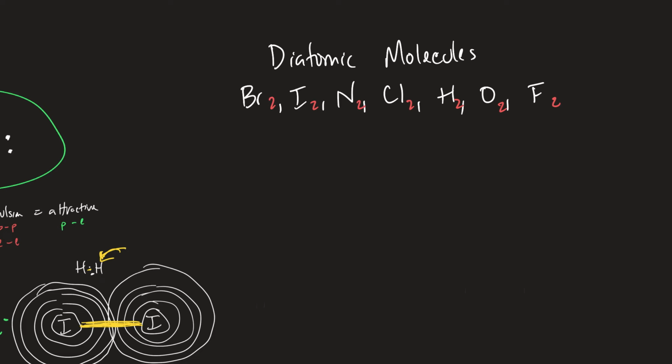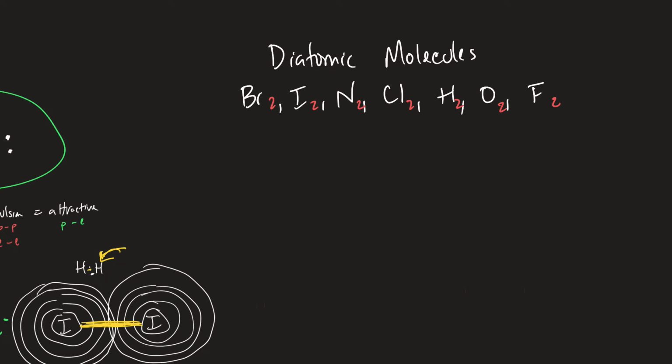When we say oxygen, we breathe in oxygen, it's O2. Chlorine gas is a yellowish poisonous gas, Cl2. There's nitrogen. About 70% of our atmosphere is nitrogen, N2. And so you need to know these 7.